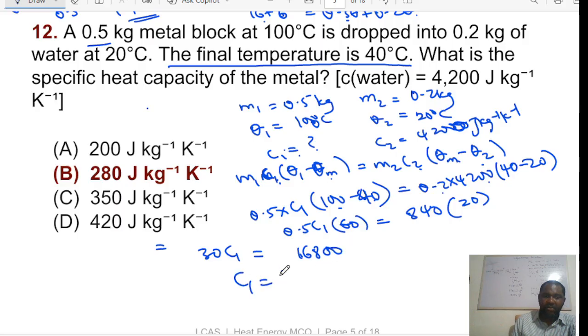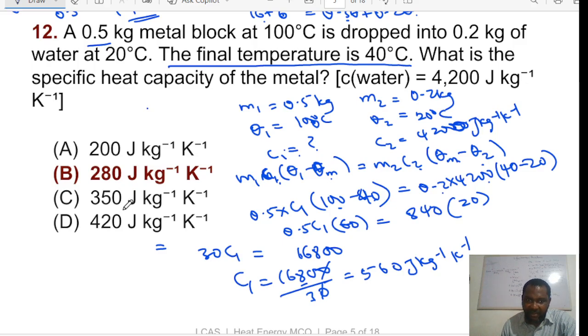So C1 is going to be 16800 divided by 30. So that is going to be 3 in 16, I think that is 5. Then in 18, 3 in 18 is 6. So this is 560. So it's supposed to be 560 joules per kilogram per Kelvin.